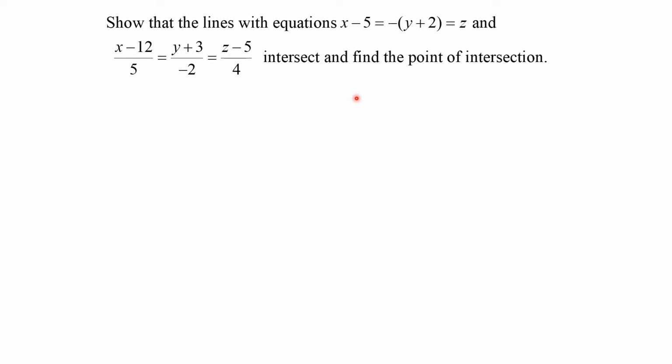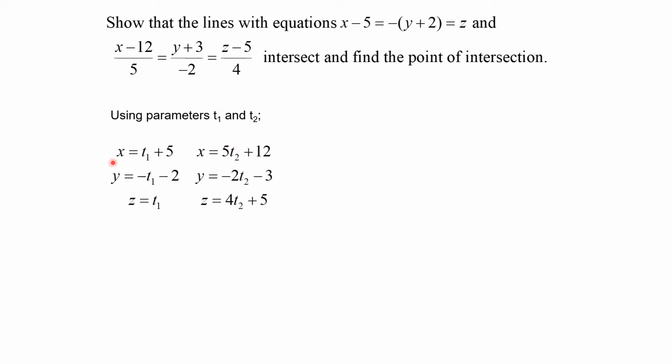In this case, we will follow the four steps that I explained in my previous slide. The first step is to introduce parameters t1 and t2 to these equations of lines respectively. We equate the first equation to t1 and the second equation to t2.